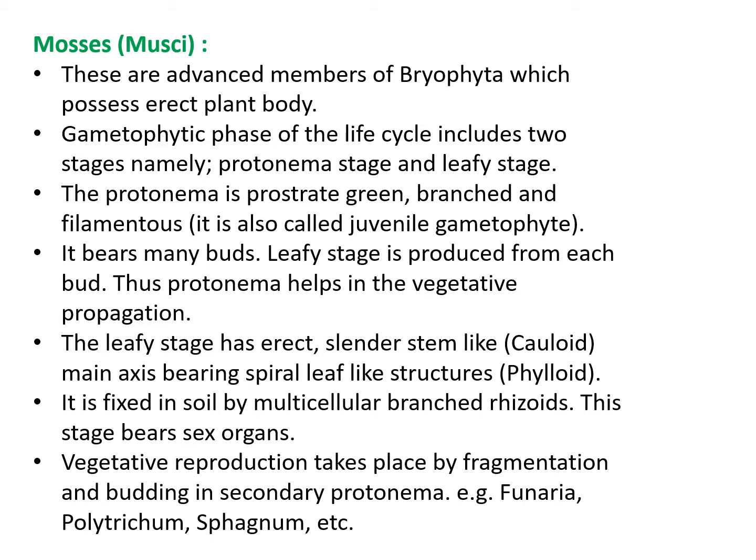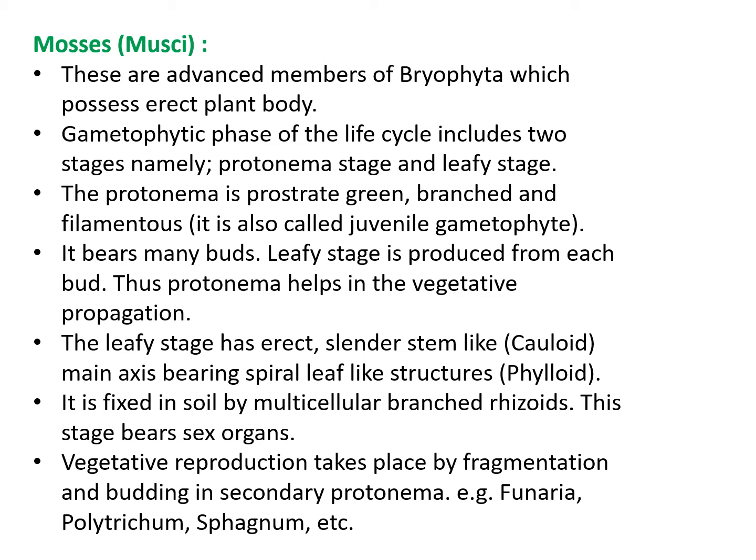The leafy stage has an erect, slender, stem-like cauloid, the main axis bearing spirally arranged leaf-like structures, called phylloids. It is fixed in soil by multicellular branched rhizoids.